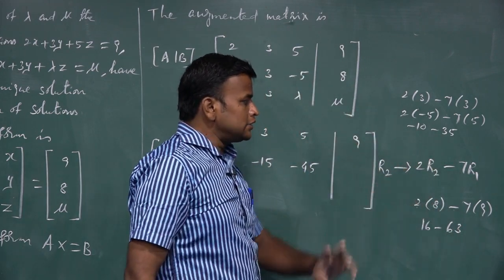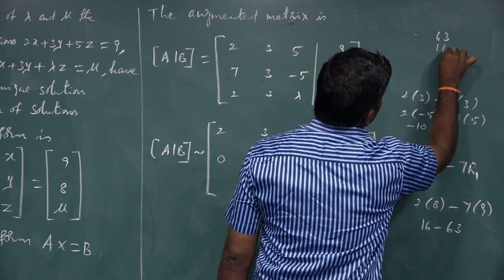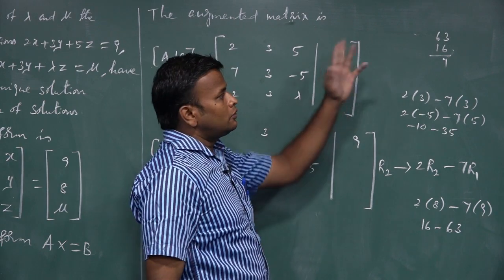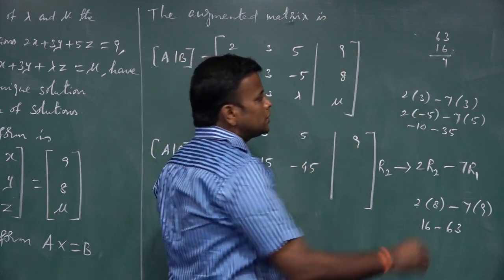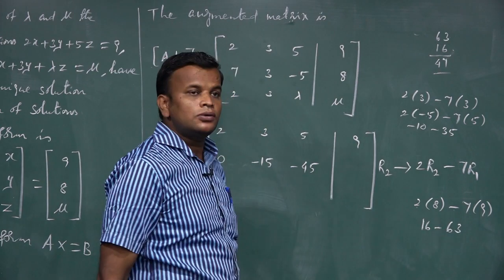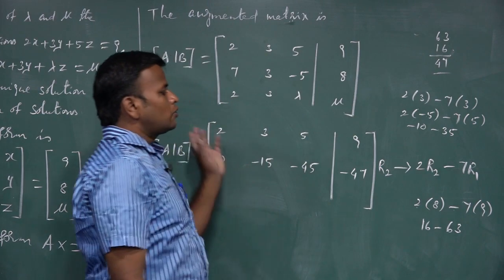So 16 minus 63: 63 minus 16, 13 minus 6 is 7. We take one borrow, so 5, 5 minus 1 is 4. But the bigger number is negative, so minus 47. So the second row is over.